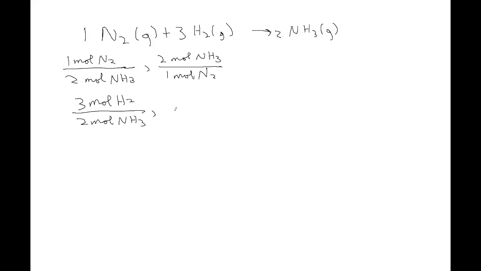Let's see what else. Oh, and then vice versa, that 2 moles NH3, 3 moles of H2. Then there's 1 mole of N2, 3 moles of H2, and vice versa of that.